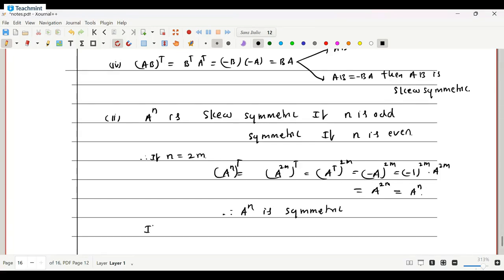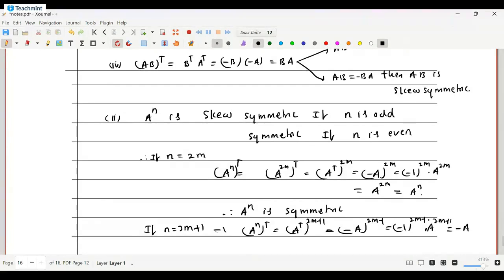And if n is equal to 2m plus 1, then A power n whole transpose equal to (A transpose) whole power 2m plus 1, which is equal to (minus A) whole power 2m plus 1, which is equal to (minus 1) whole power 2m plus 1 into A power 2m plus 1. So minus 1 power odd number is equal to minus 1.